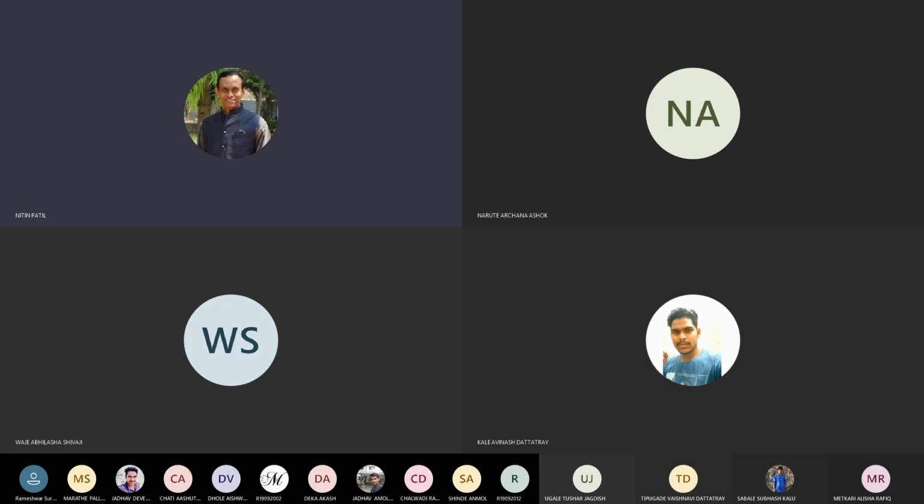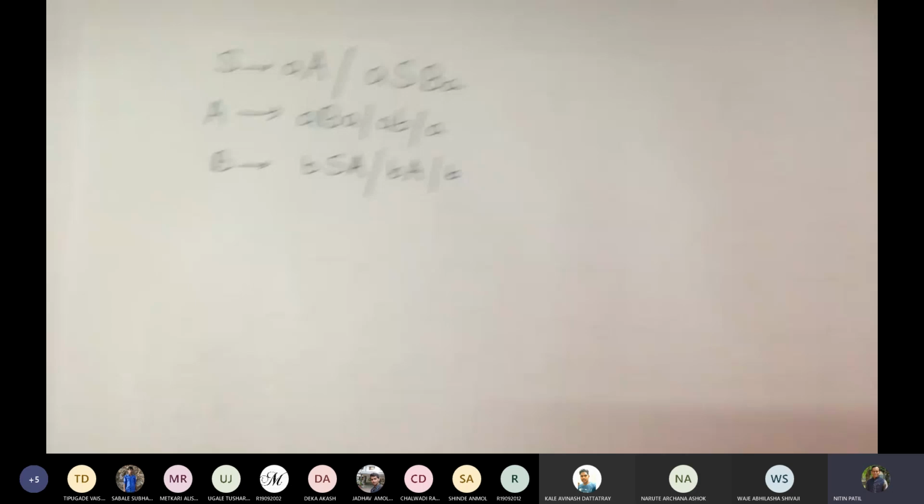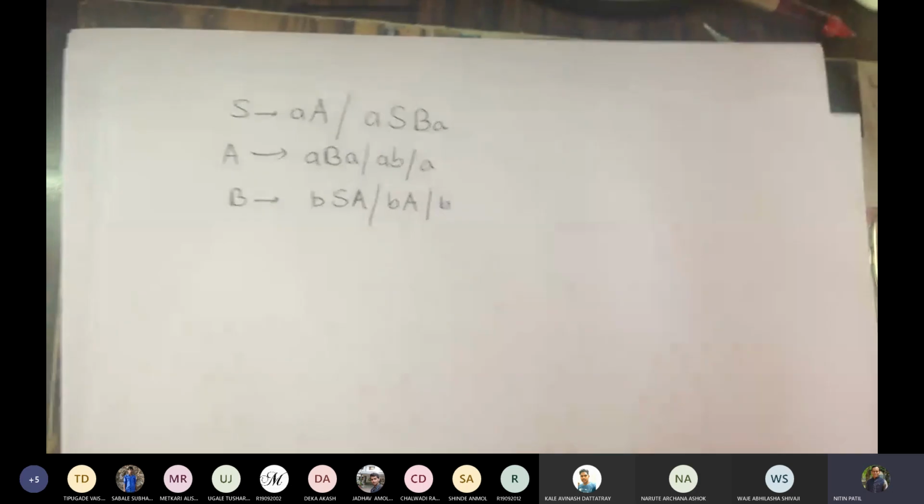So I'm adding again. I'm starting. We'll try to solve this as a group activity now, and then I will give you an example to solve. So how many productions in this grammar are of the required form?